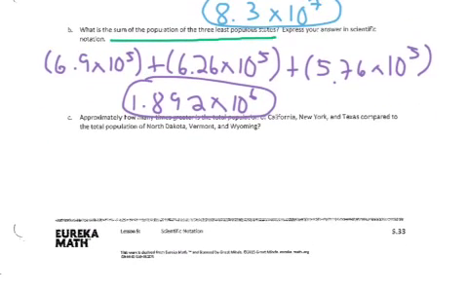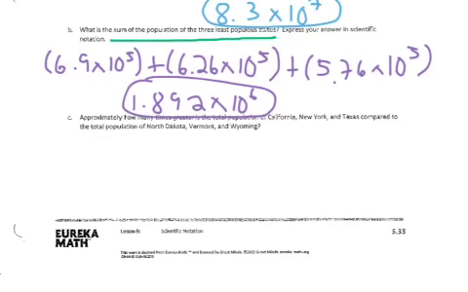Moving on to part C, approximately how many times greater is the total population of California, New York, and Texas compared to the total population of North Dakota, Vermont, and Wyoming? If I want to know how many times greater something is than the other thing, you will always divide. So, just like before, you're going to take the sum of the population from part A, which was in scientific notation.